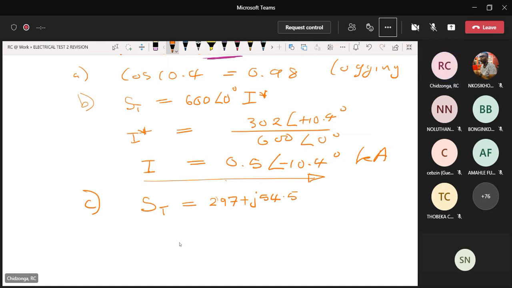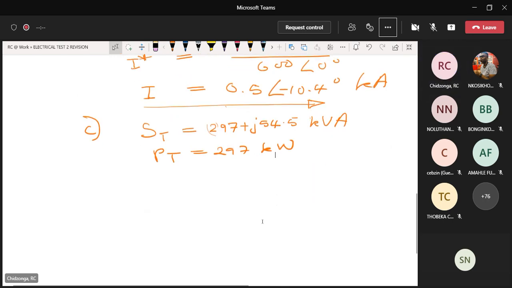No, I'm telling you, sir, what you wrote is right. Okay, so this is kilovolt ampere. P is this quantity here. P total is 297 kilowatts. That is the total power being supplied by the factory.